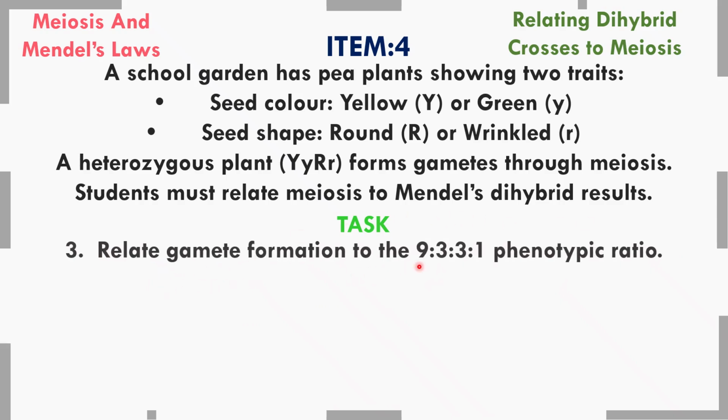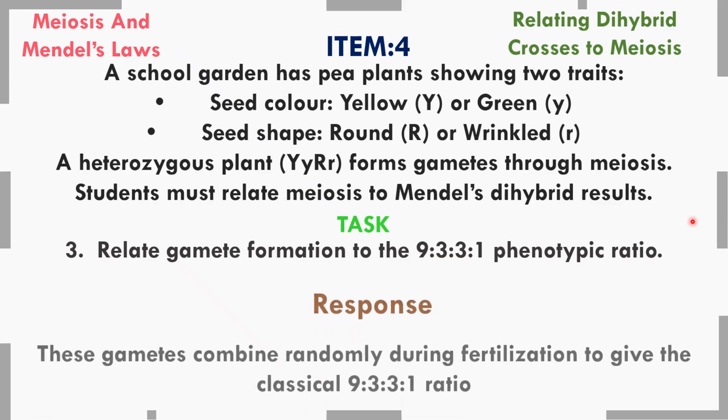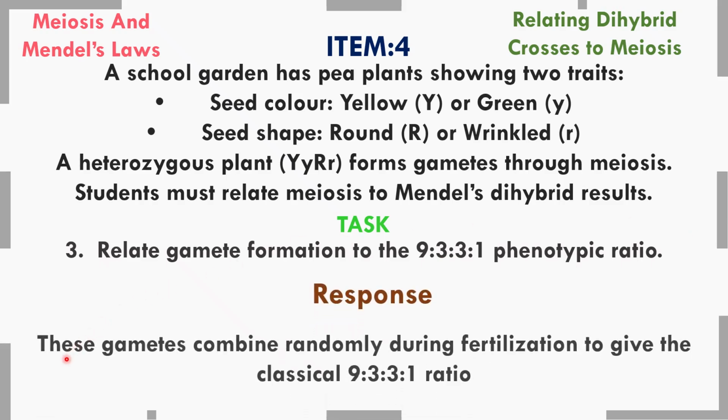Relate gamete formation to the 9:3:3:1 phenotypic ratio. These gametes combine randomly during fertilization to give the classical 9:3:3:1 ratio.